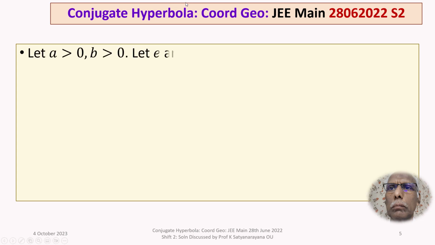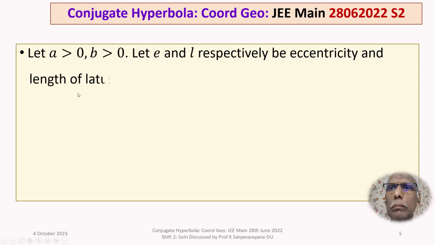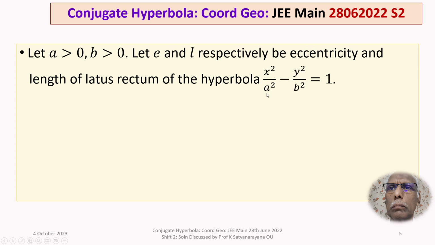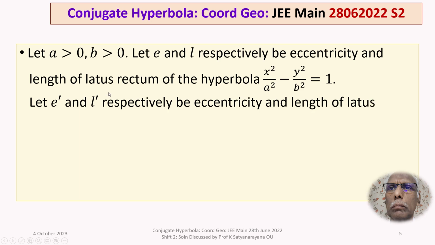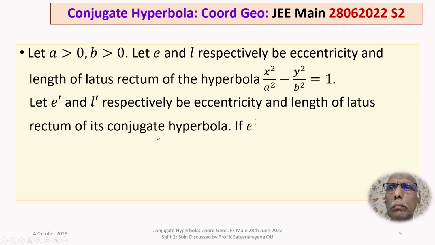The given question is, let A and B be positive real numbers. Let E and L respectively be the eccentricity and length of latus rectum of the hyperbola x square by a square minus y square by b square is equal to 1. Let E prime and L prime respectively be the eccentricity and length of latus rectum of its conjugate hyperbola.